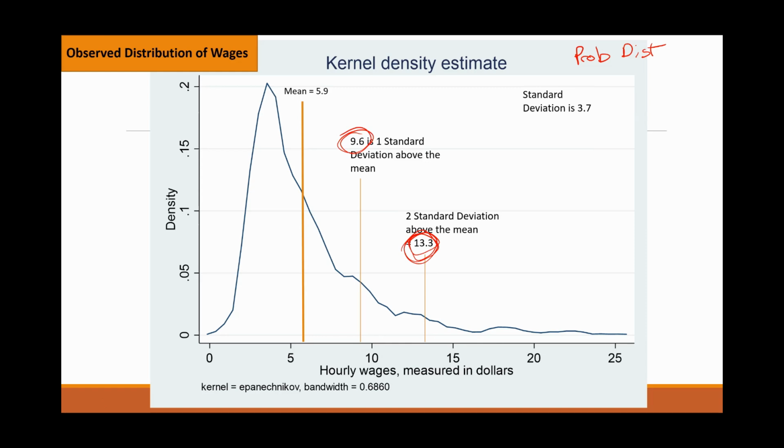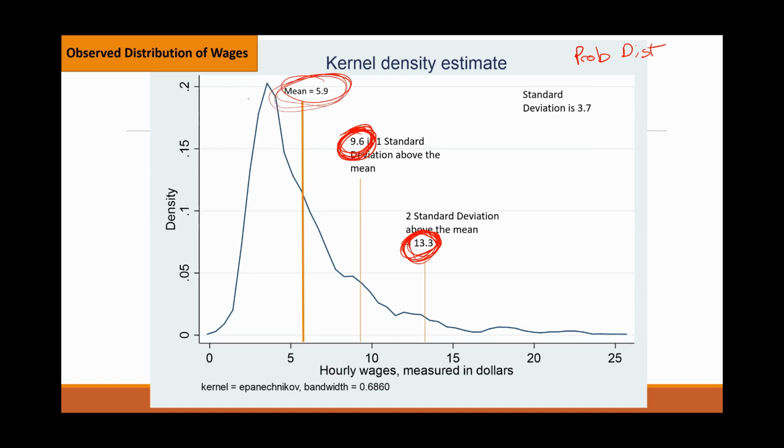You can see 13.3 is two standard deviations away from the mean, and it is less likely to find a value around 13.3. 9.6 is one standard deviation above the mean, and it is also less likely to find a value of 9.6 than it is to find a value at the mean.